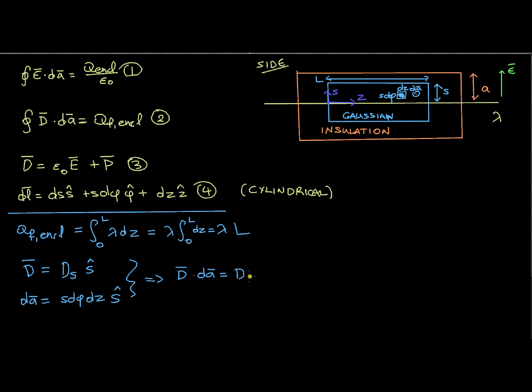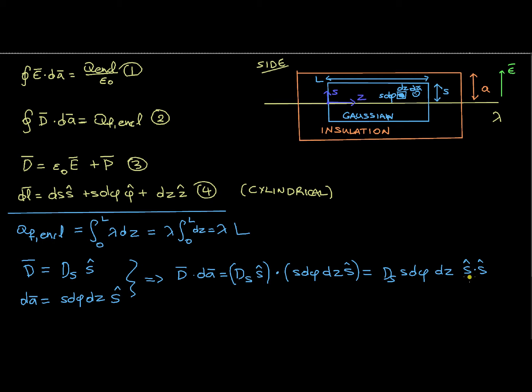I will have ds s hat dot product with s d phi dz s hat, and I can take everything else out, so I will have ds s d phi dz, and at the end the dot product between s hat and s hat.